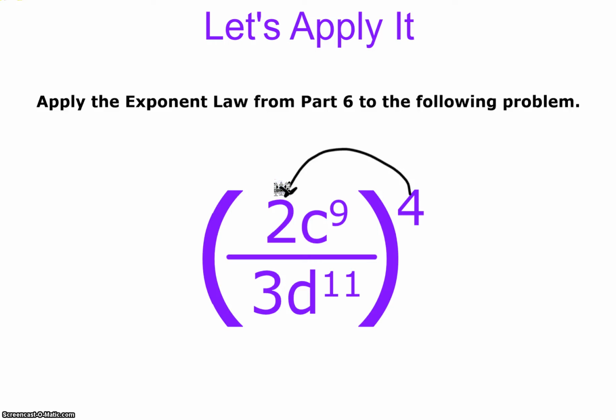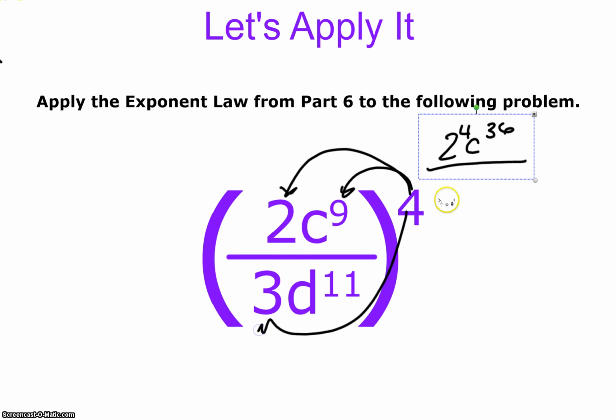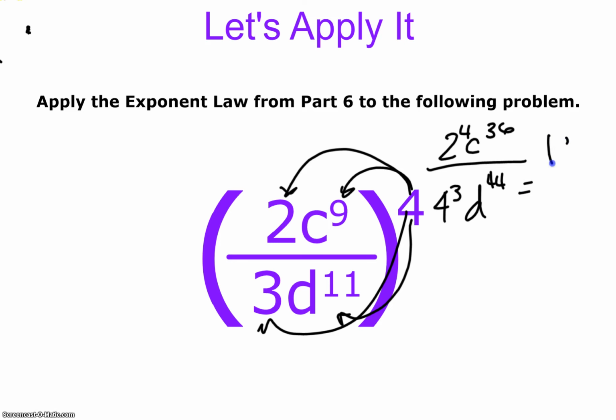So 4 gets distributed here, so 2 to the 4th, c to the 36, divided by 3 to the 4th, and then 4 times d to the 11th power, and you get d to the 44. 2 to the 4th power is 16, c to the 36 over 81, d to the 44th power. All right. Next example.